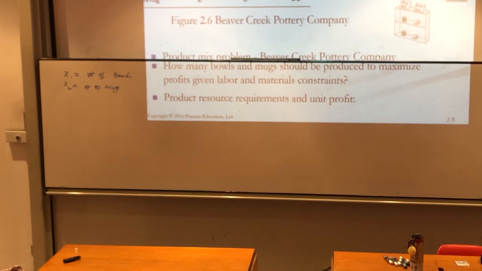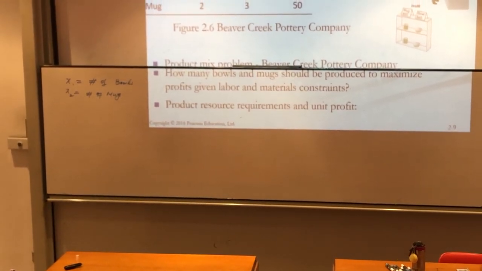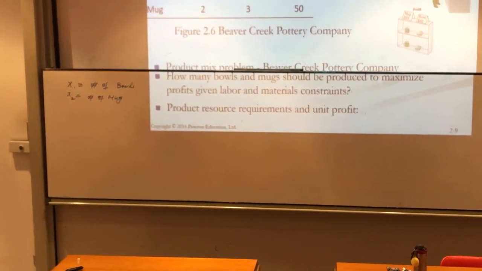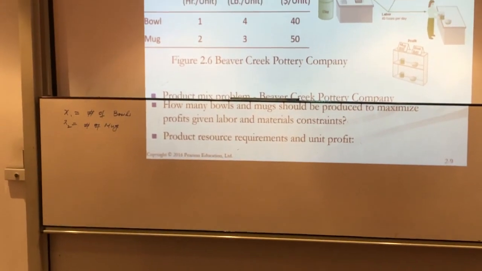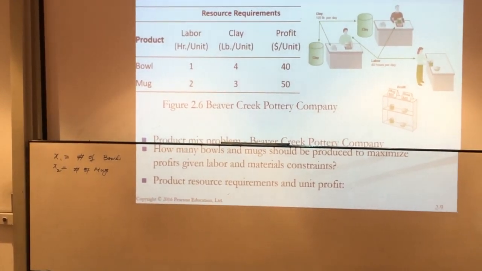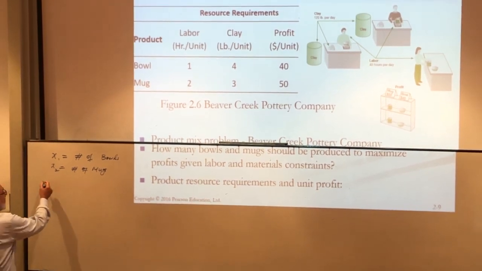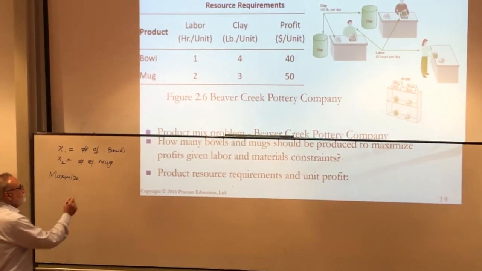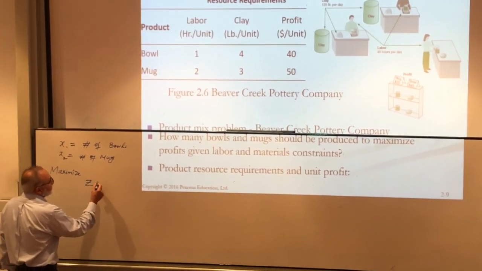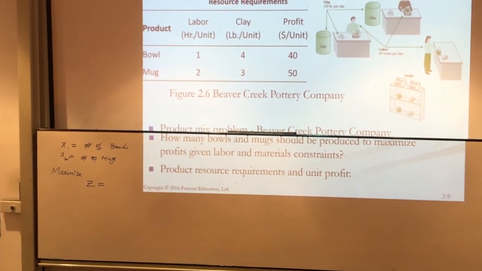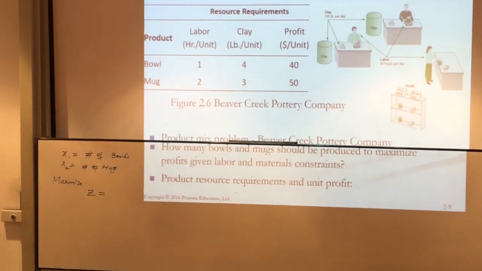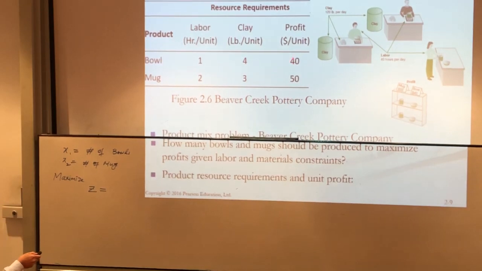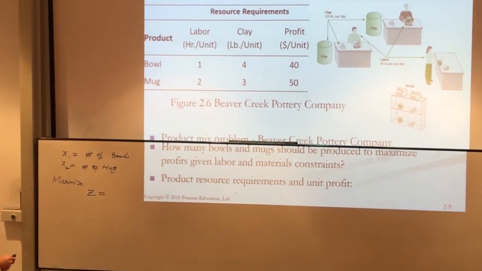Now from here, in this example, what do you think? What is our objective? The objective is to maximize the profit. The profit is given, so we want to maximize it. So we write down the objective function, maximize z, where z is the profit, equal to 40x1. $40 is the profit of one bowl, and 50 is for one mug.